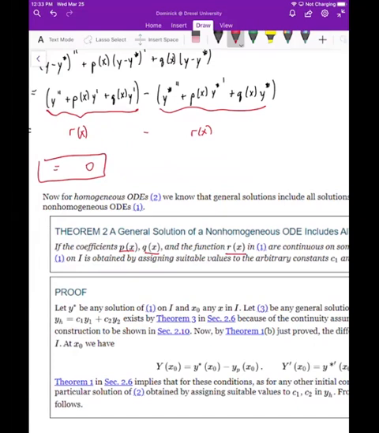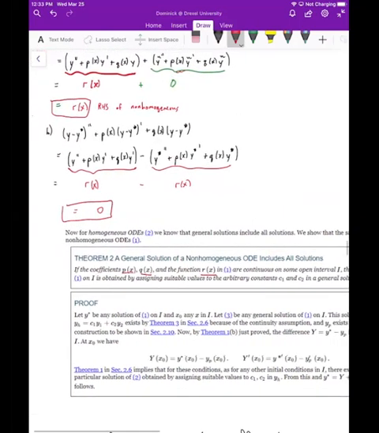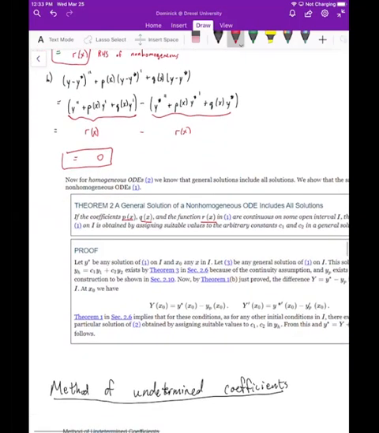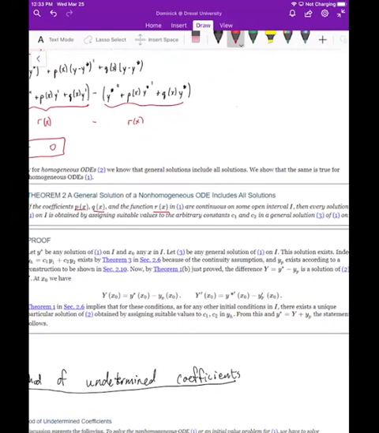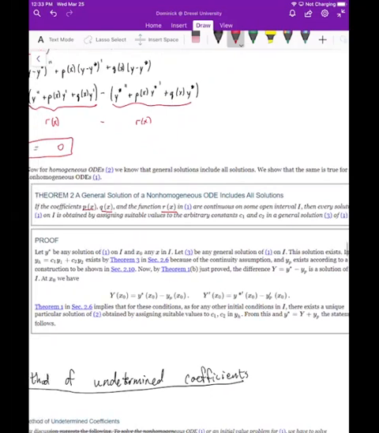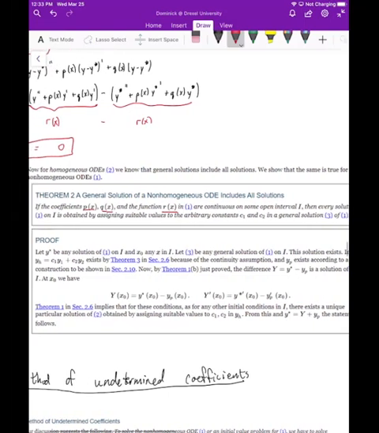And of course, now we need to add in R of X. But if you have those three continuous, then basically every solution of the non-homogeneous ODE will be a general solution of the form that we already stated. Now the proof uses some things that we haven't talked about yet, so I'm going to hold off on that for now. But if you'd like the proof, it is in the notes on my website.